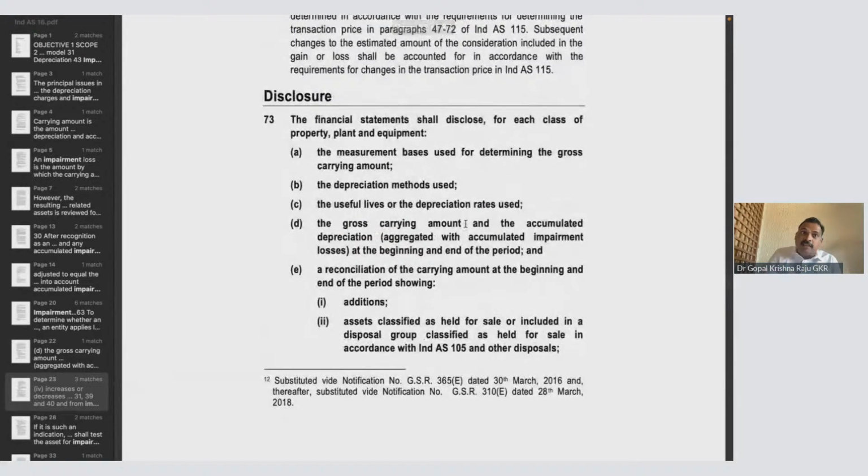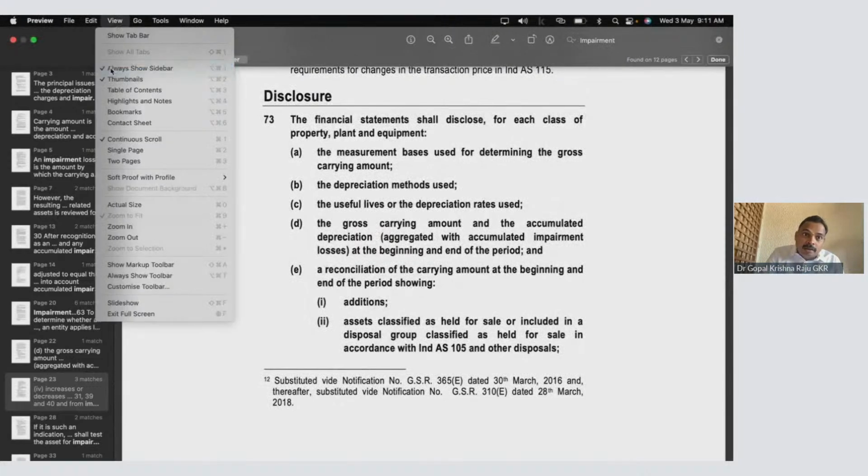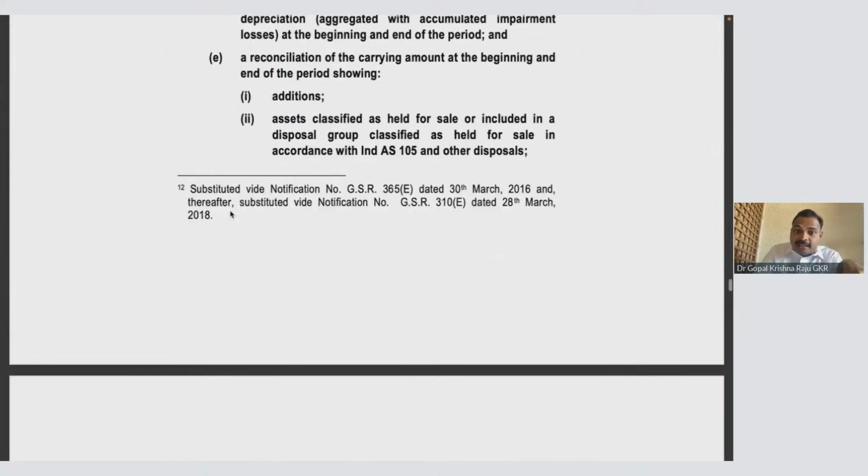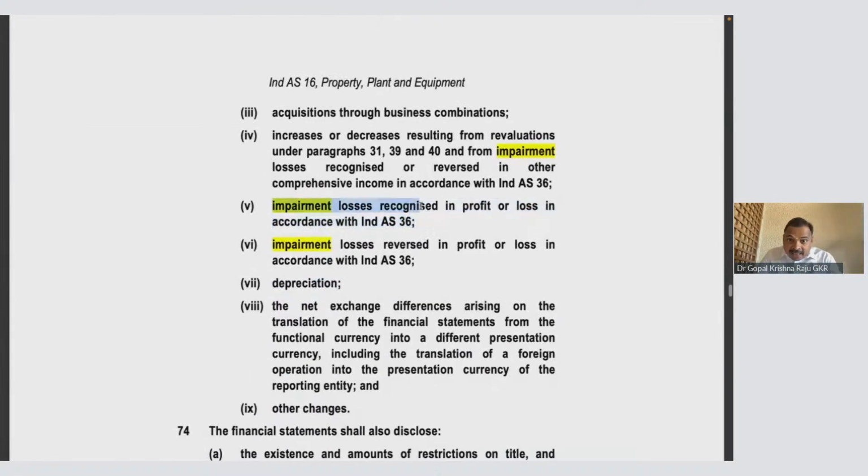This standard says if you have an asset, an impairment is possible. But how do you measure impairment? How do you recognize that in your books of accounts? Ind AS 36 will say. But the disclosure says impairment loss recognized in P&L as per Ind AS 36, you have to disclose. So there is quite a connect with 16, 36, 38. All these are connected.